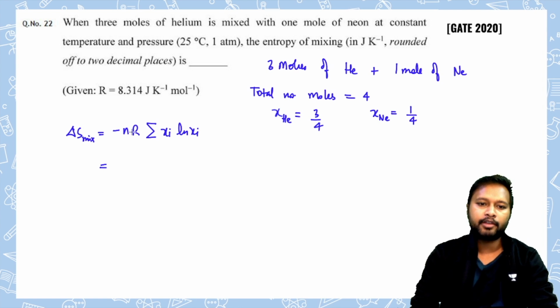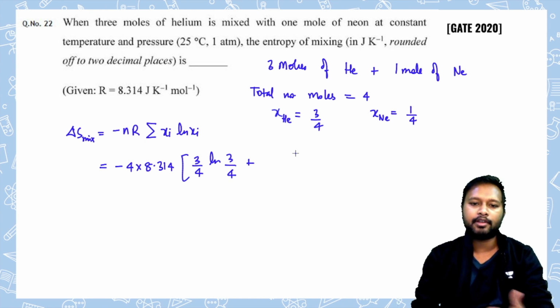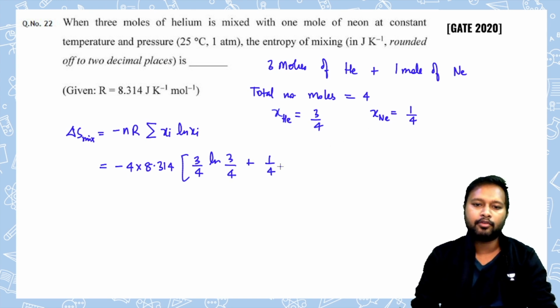So let's put in the values. n value will be 4, R is given to us as 8.314, and since this is sigma, you have to add both of them. Xi means first the mole fraction of helium, so 3 upon 4 and ln 3 upon 4, plus then the other one, for neon, 1 upon 4 and ln 1 upon 4. That's what you have to do.